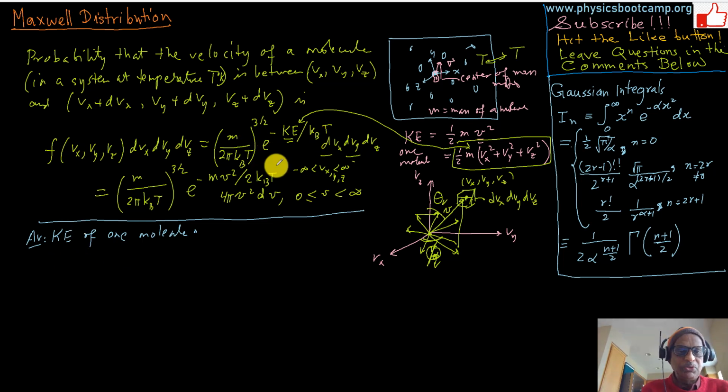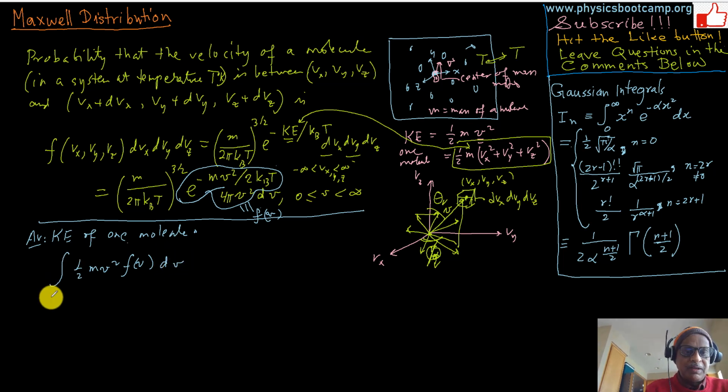So this is a probability distribution, so half mv square times f of v, let's call this whole thing over here f of v, and then dv, including all of this, anything other than dv, from 0 to infinity.